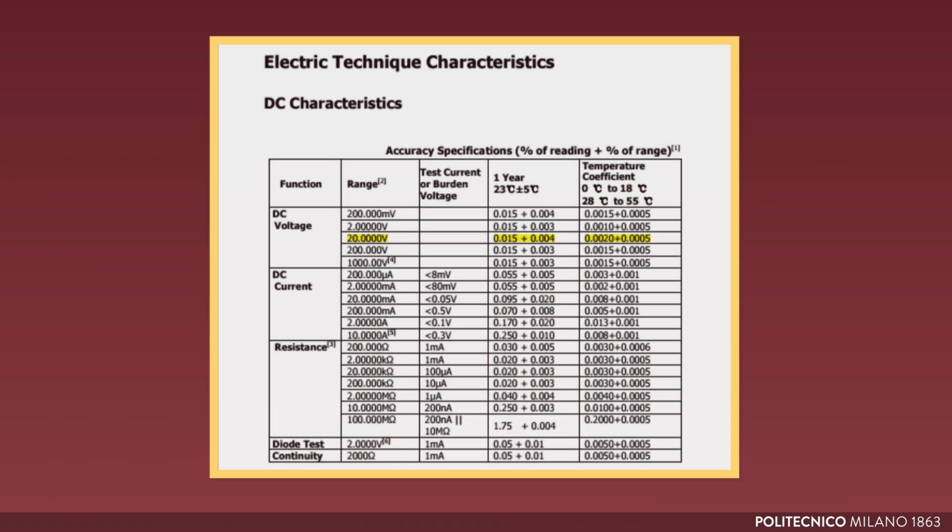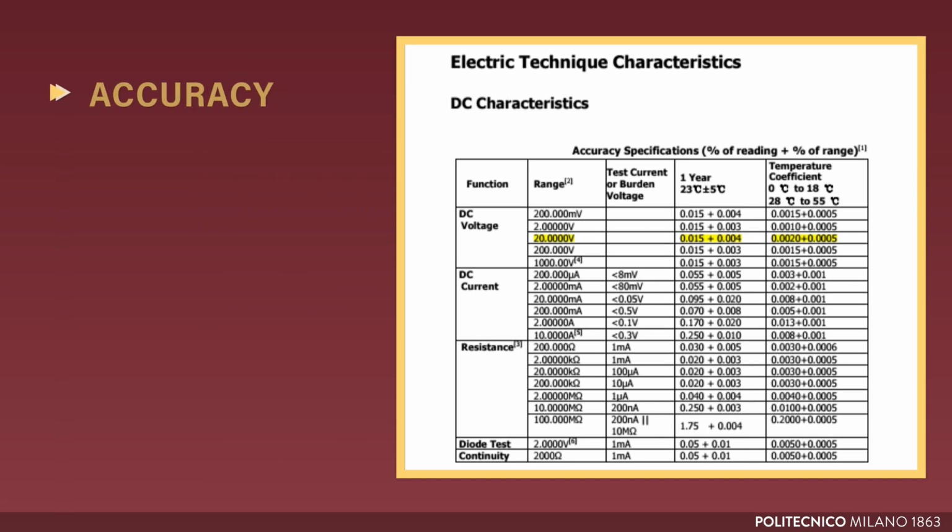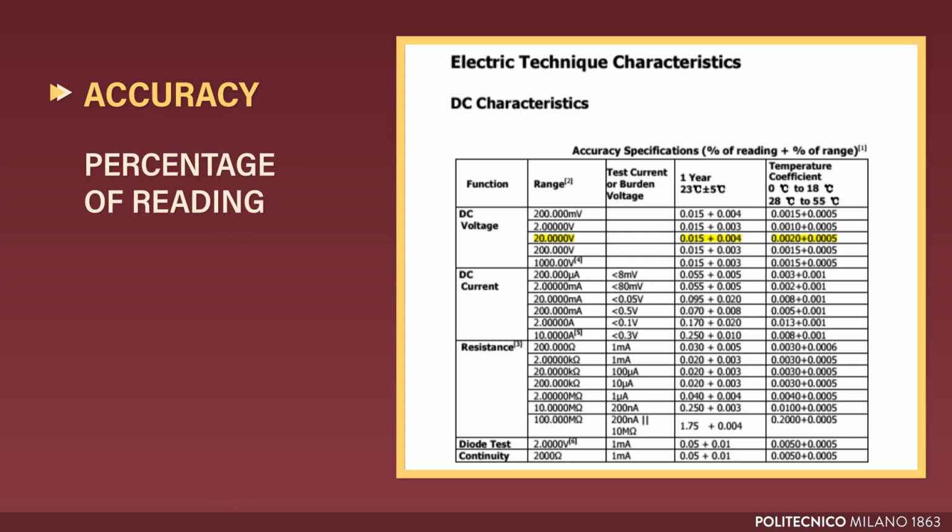The manufacturer's technical specifications for DC voltage measurements are those shown in this table, where the row corresponding to the 20-volt range is highlighted. In the fourth column, the accuracy specifications are given, expressed as a percentage of the value read, in this case 0.015%, to which a percentage of the full scale must be added, in this case 0.004% of 20 volts.